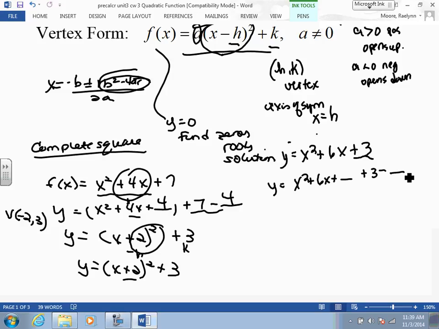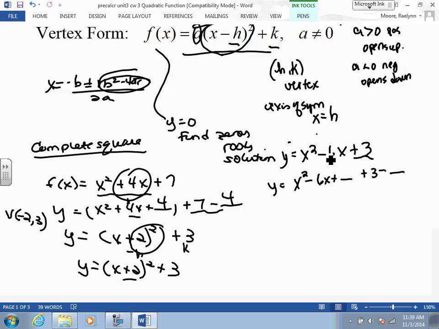Can we make this a minus sign? Will I mess anybody up if I make it a minus sign? I'll work the whole thing through and show you the roots.